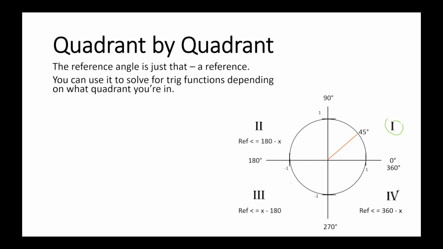So in the case of 120 degrees, I would do 180 minus 120, which would end up being 60. So I would know that my reference angle is 60 degrees. My reference angle tells me a certain value.